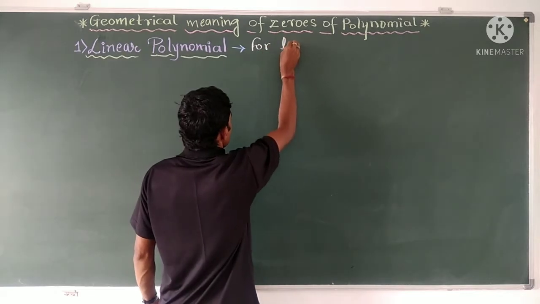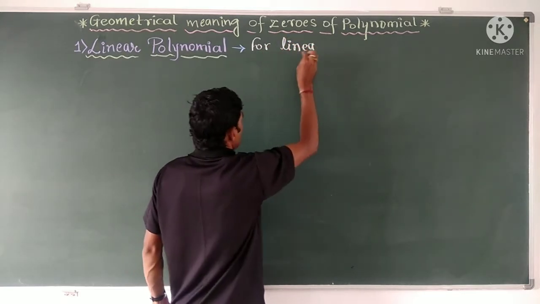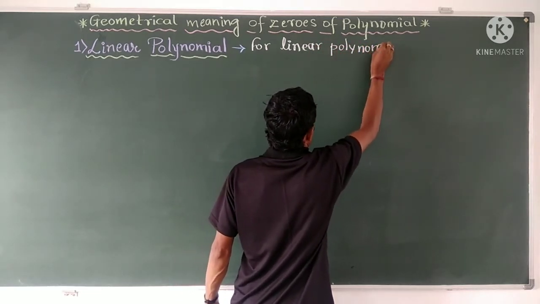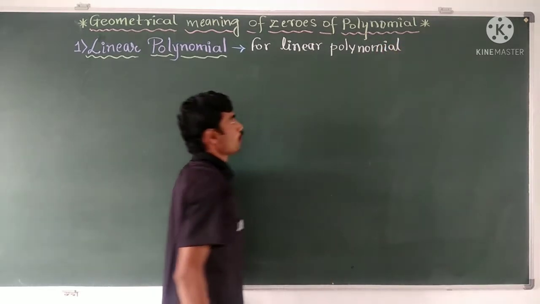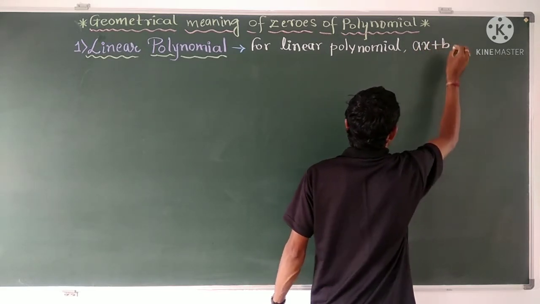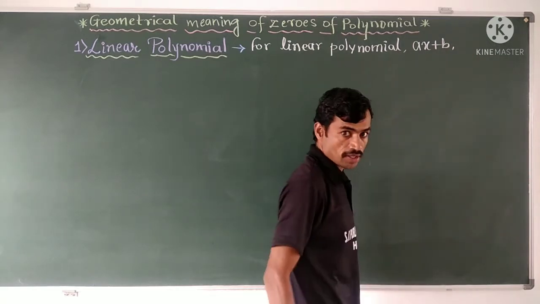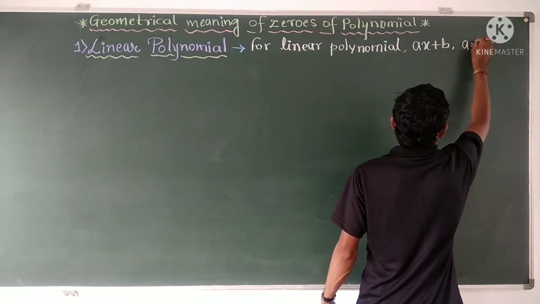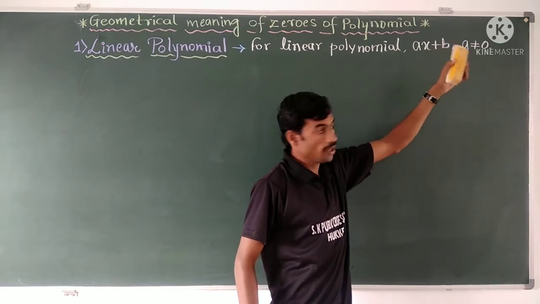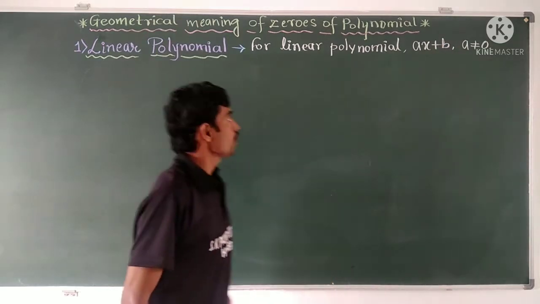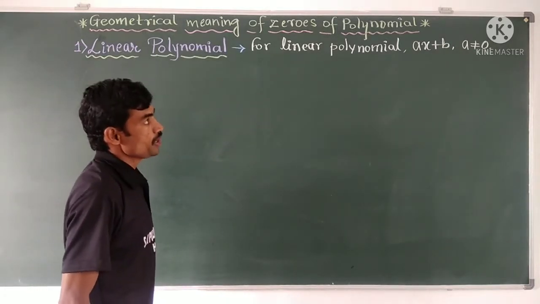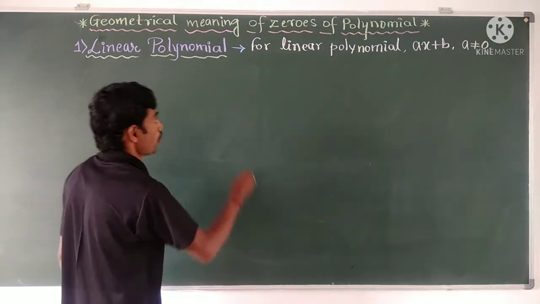For a linear polynomial, p of x is ax plus b, where a is not equal to 0.